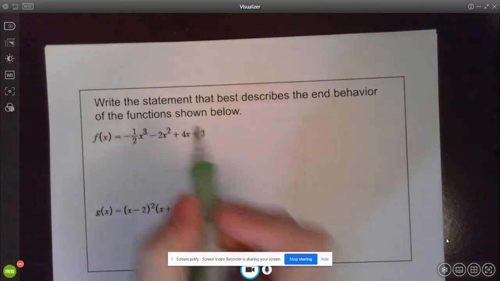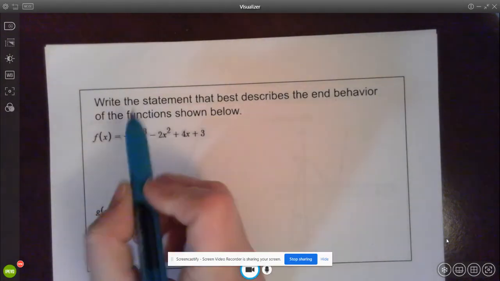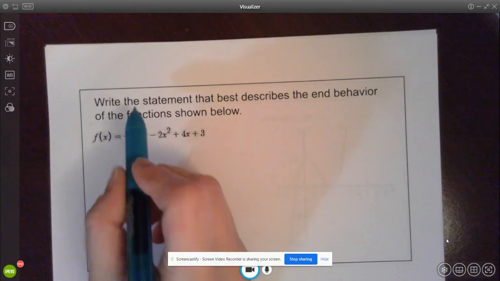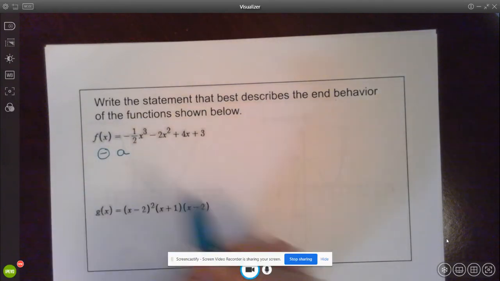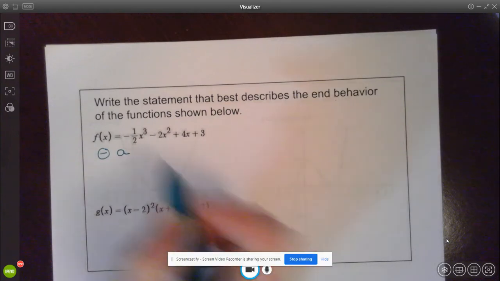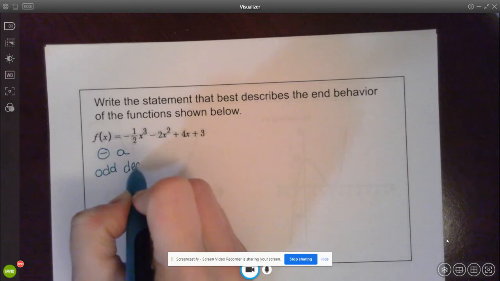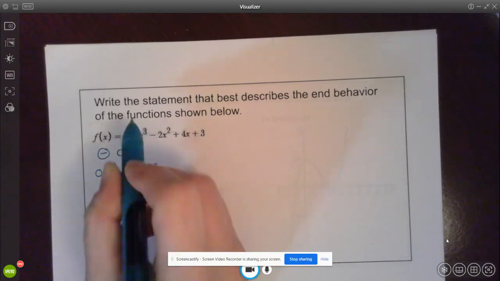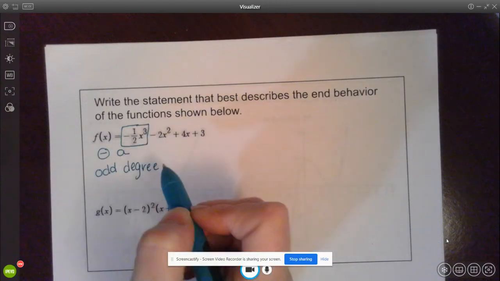So starting with f of x, F of x has a negative a value and an odd degree because of this term right here.